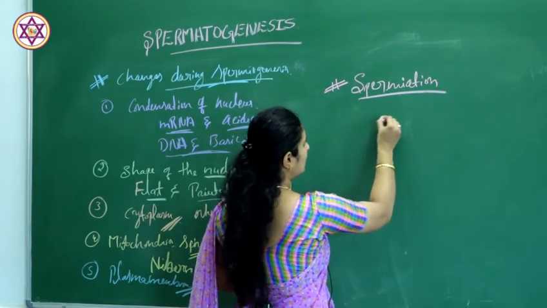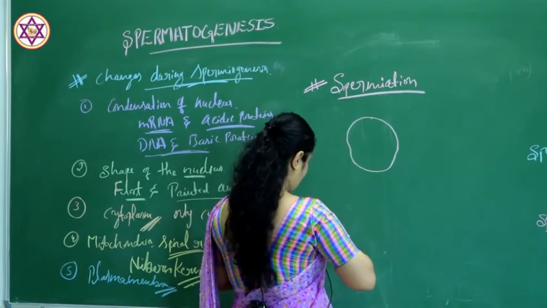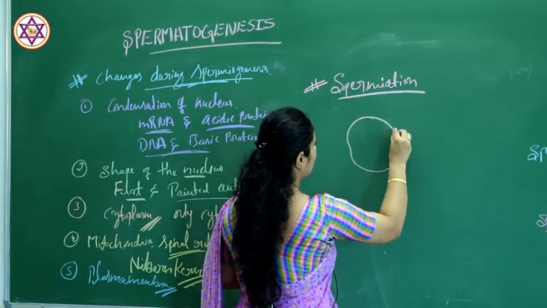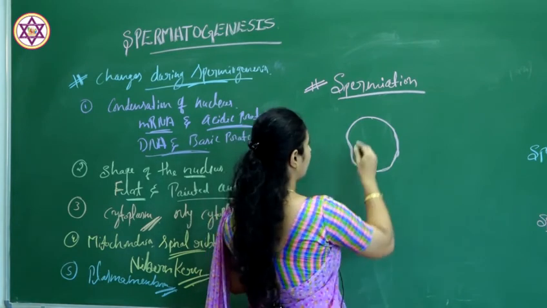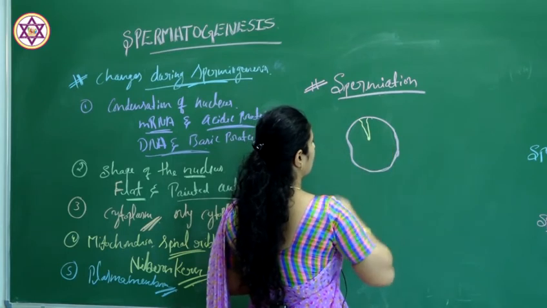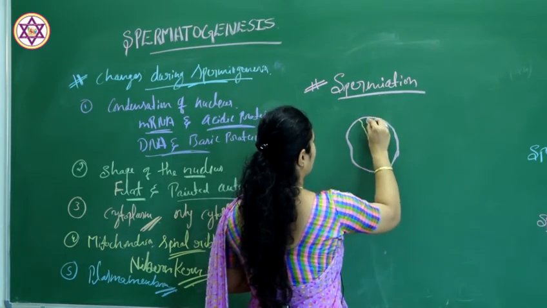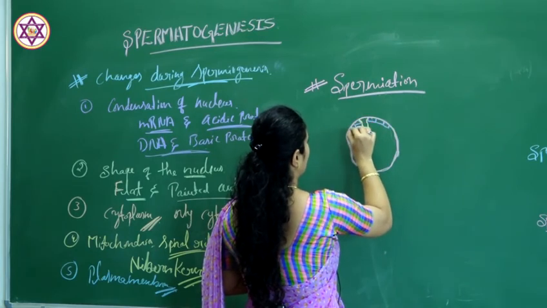And spermiation means the following. Consider this is a seminiferous tubule. Here we have the Sertoli cells, along with the germinal epithelial cells.